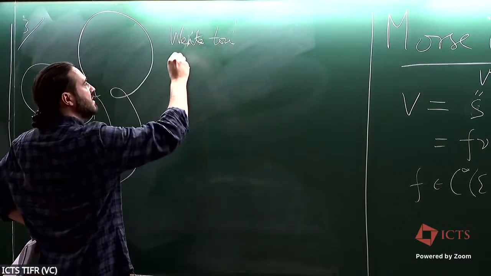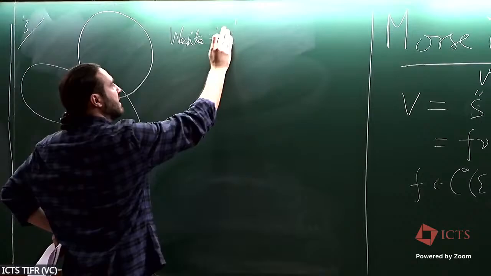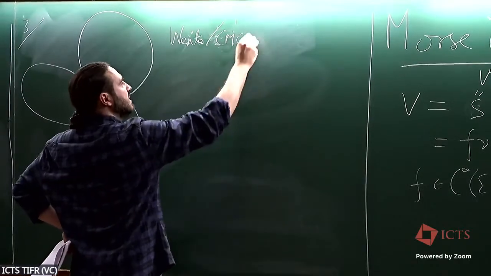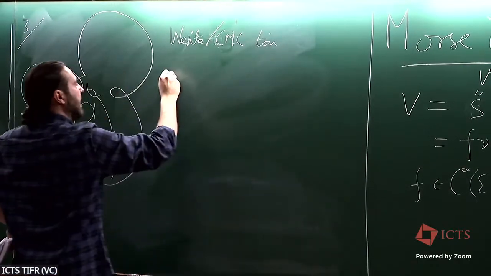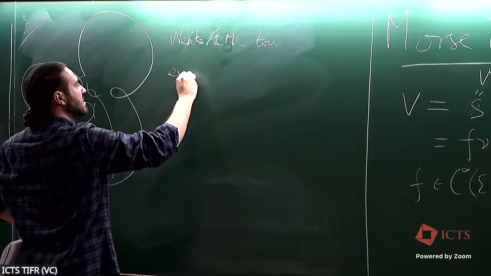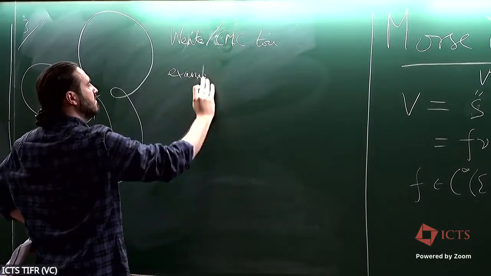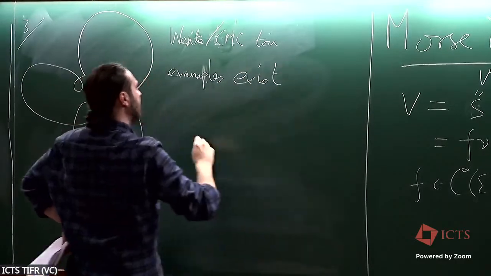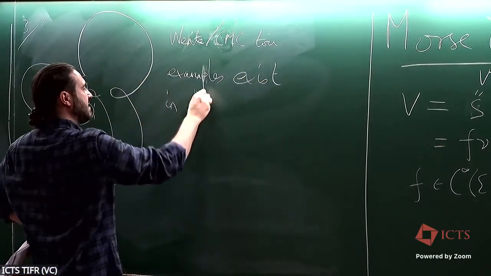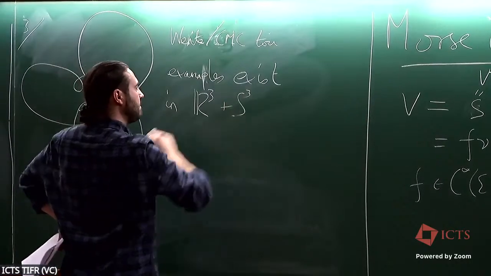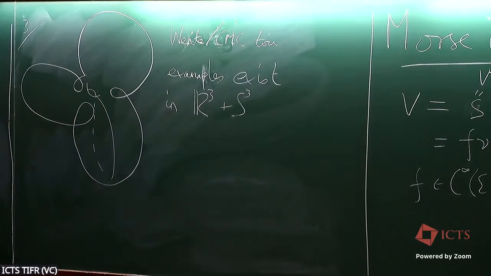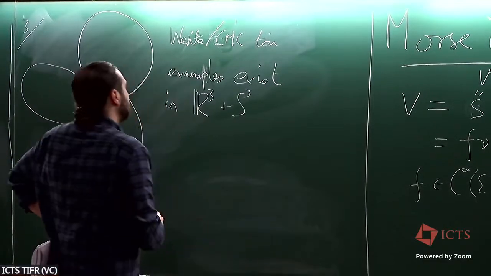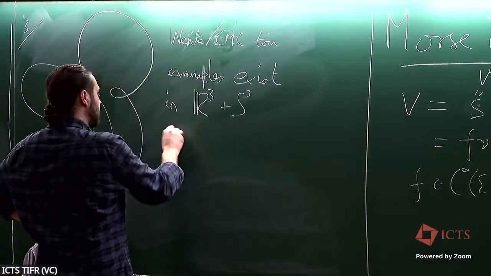And these, or I'm going to say Wente/CMC tori, examples exist in both R3 and S3. So CMC tori, which look a bit like this, exist in both R3 and S3.